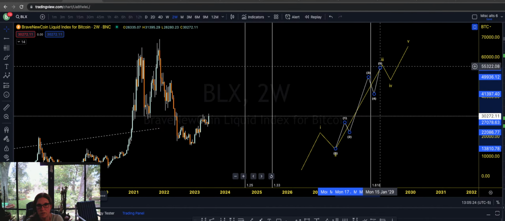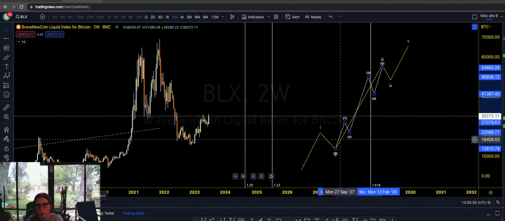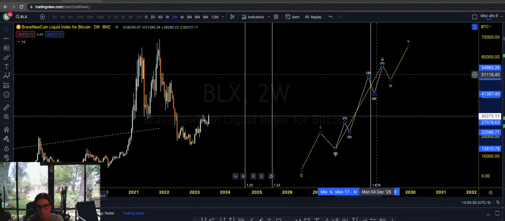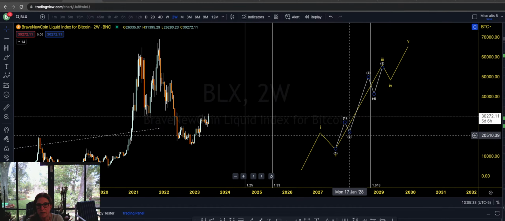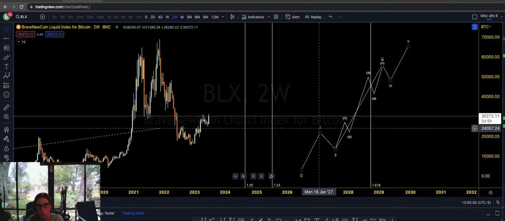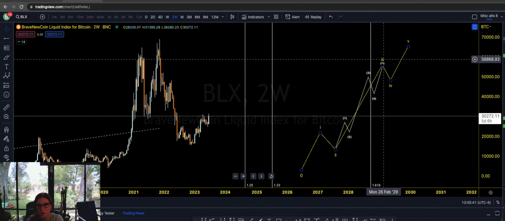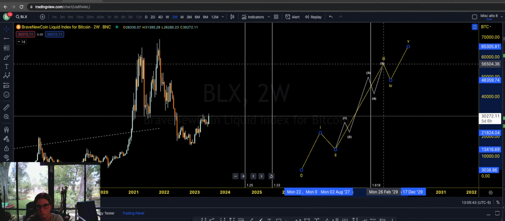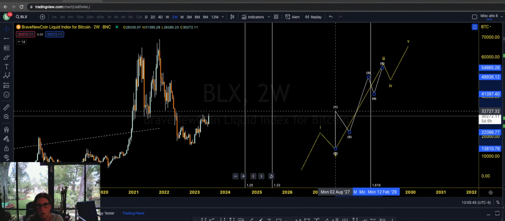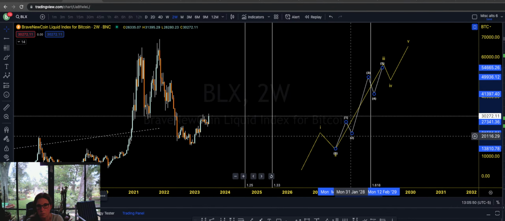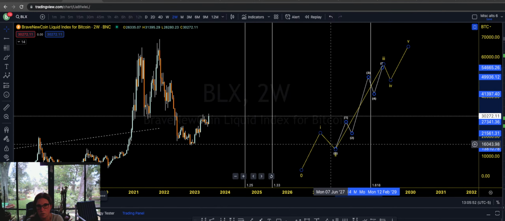The 5 waves that are in this third wave, which is the most powerful wave, is of smaller degree. That being said, your main 1 and 2 should be quite large, but your third wave is the largest wave. This 1 and 2 needs to be smaller because it's lower degree than this 1 and 2.